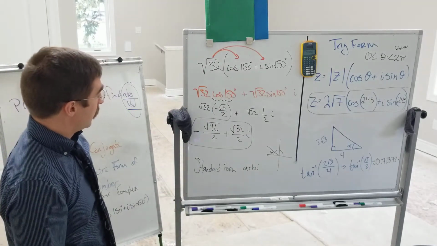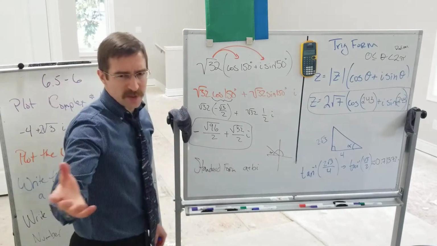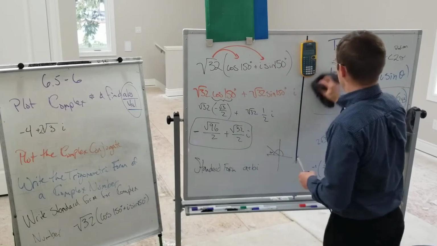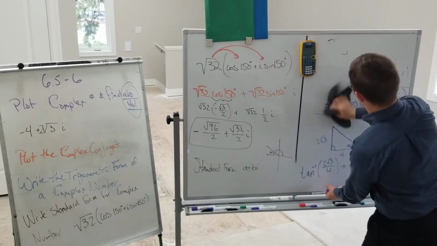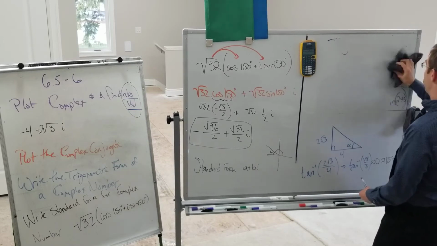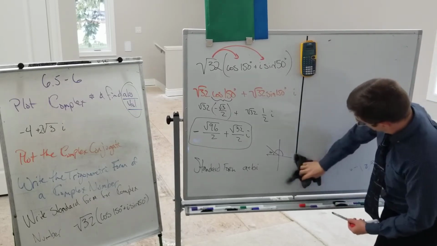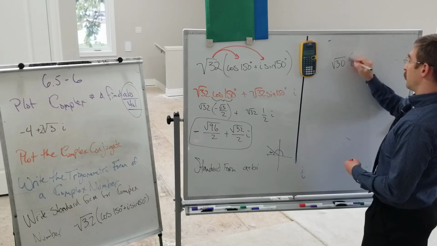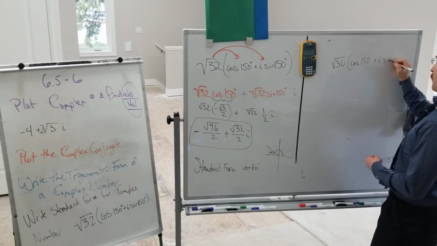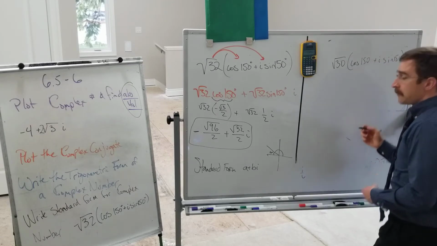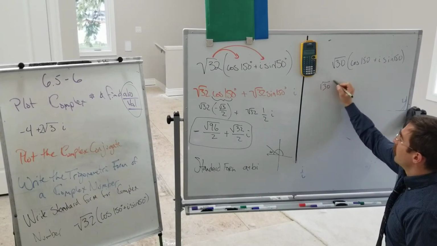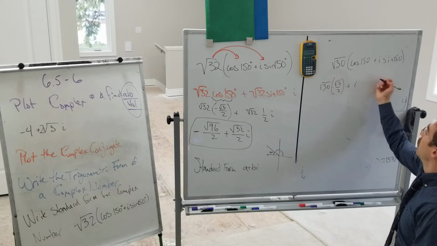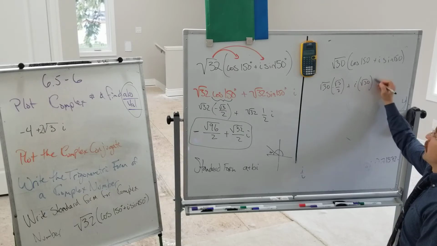standard form. Now, sometimes, and this was poorly done on my part, if let's say we had just square root of 30 instead of square root of 32, say if I had root 30 cosine 150 plus I sine 150, if I picked a better number for this, right, it'd be square root of 30 times root 3 over 2, negative, sorry, plus I times root 30 times 1/2.